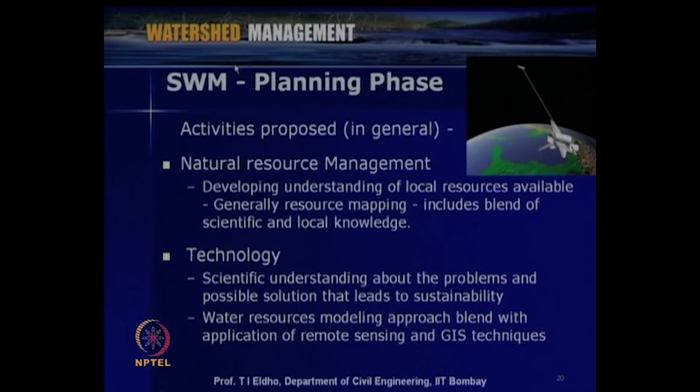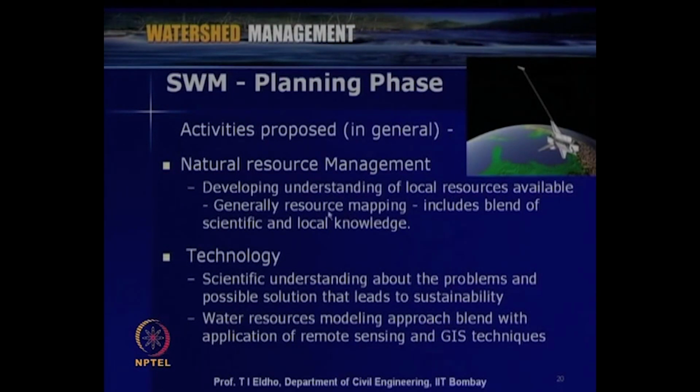As far as the planning phase is concerned, when we consider sustainable watershed management, the activities proposed in general include natural resource management. So, for the considered watershed, we have to see what natural resources are available, in what way they are already utilized, and in which way we have to further develop them. So, we have to look into developing an understanding of local resources available.